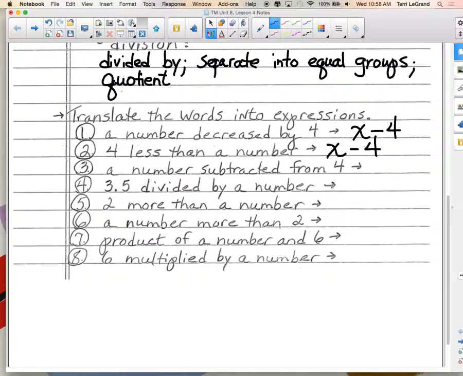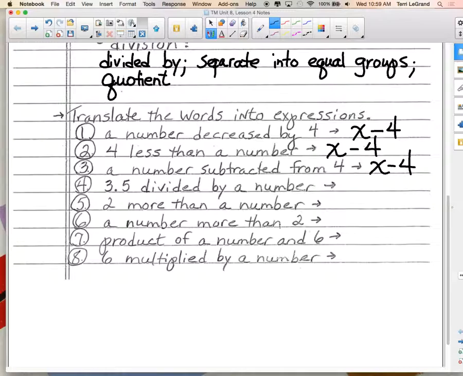Now let's try 3. A number subtracted from 4. What's going to start our expression? A number subtracted from 4. Would it be this? Would it be that? What's being subtracted in this one? 4.